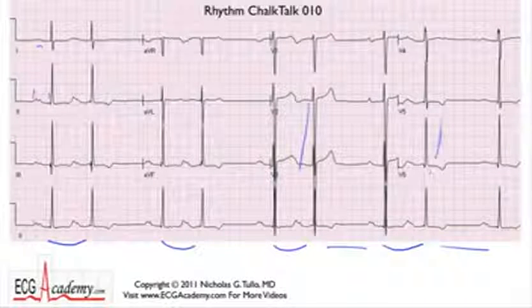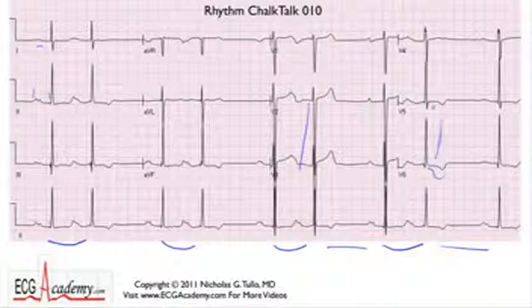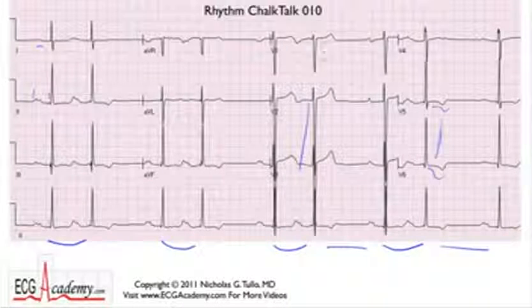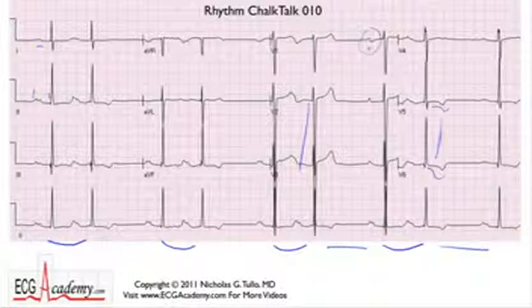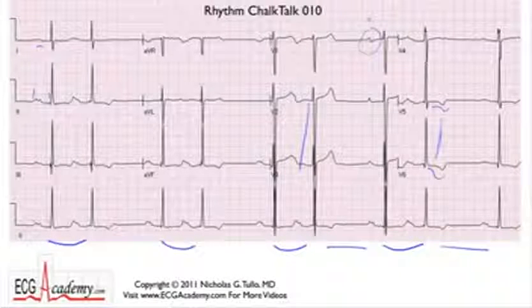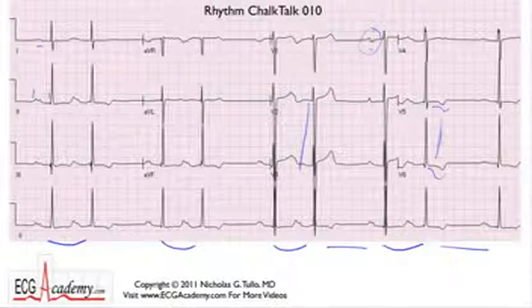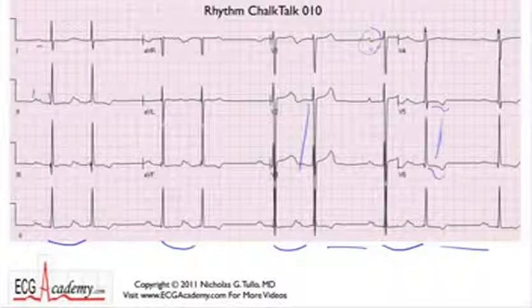Plus, you've got this characteristic strain pattern in the ST segments and the T waves. So you can call it LVH with strain, and I think you could probably look at this P wave in V1 and decide there's possible left atrial enlargement because you've got a fairly hefty negative deflection at the end that's one box wide and one box deep.